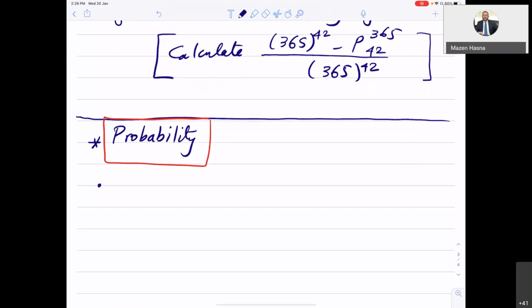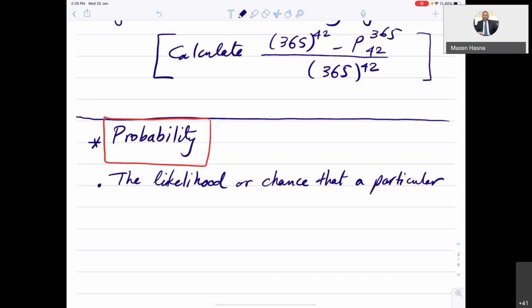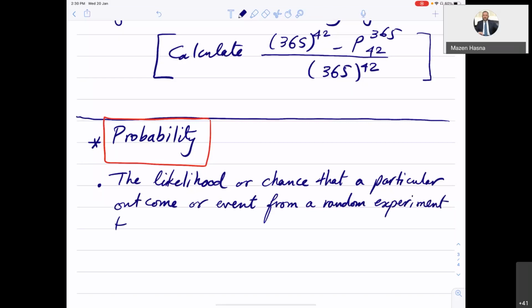Probability is the likelihood or chance that a particular outcome or event from a random experiment takes place or occurs. So this is a rough definition of probability.